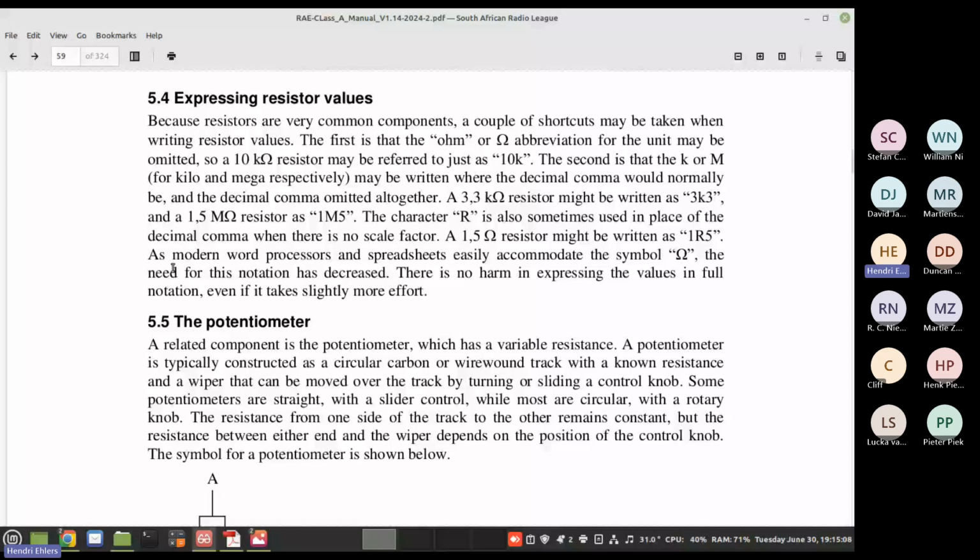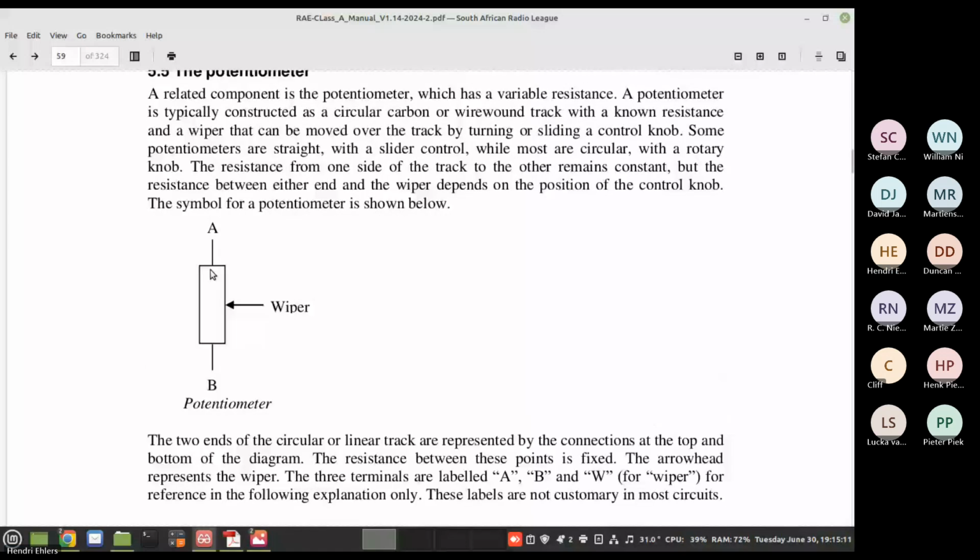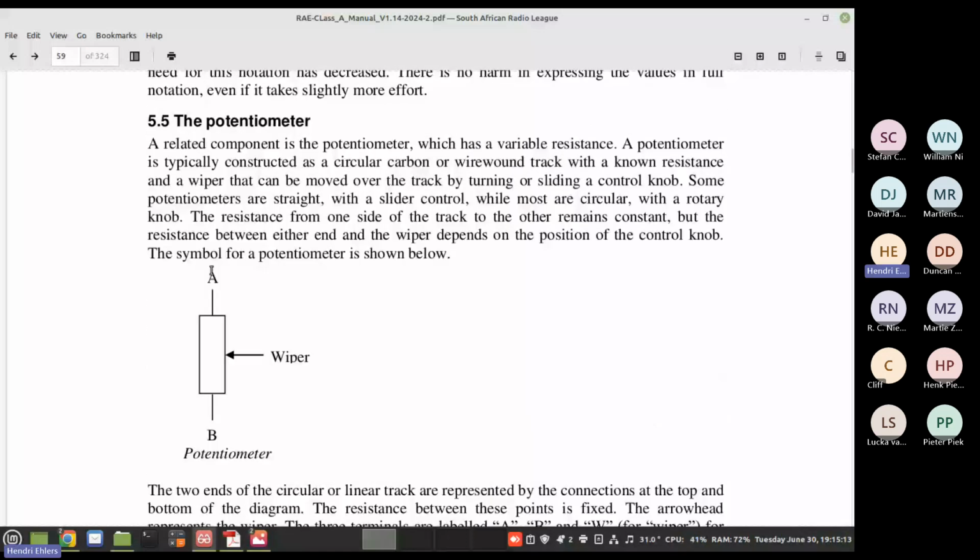Now, in some cases, it's very problematic to get to the exact value of the resistor you're looking for. And you can also get into a situation where you want to change the value on a regular basis, like your radio's volume control.